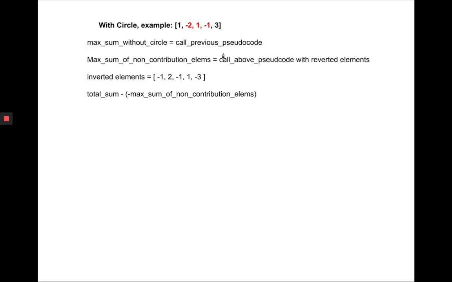So our pseudocode will calculate the maximum sum. So we're gonna invert all the elements from this array to this array. So 1 is minus 1, minus 2 is 2, and similar other elements. And we're gonna calculate the maximum sum subarray of this array and then subtract it from the total sum.